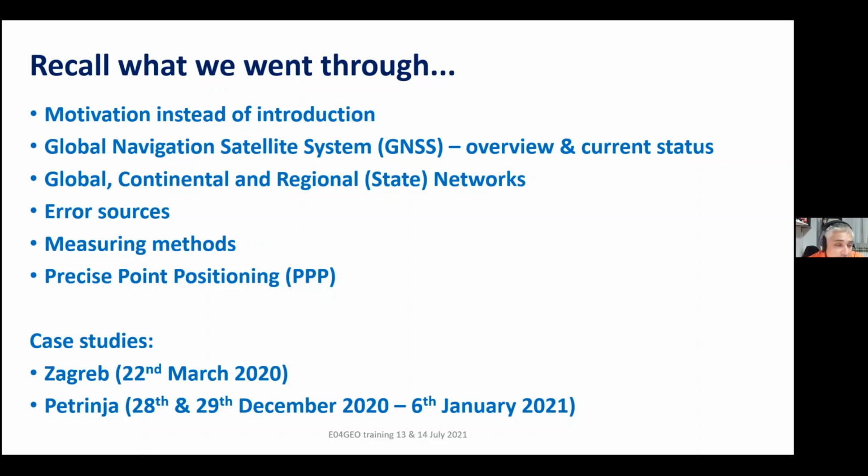What is left? There are two case studies. The first one is related to kinematic assessment of the Zagreb earthquake, which took place on 22nd of March 2020. The second case study is related to the Petrinja earthquake that hit with a foreshock and after that an aftershock on 28th and 29th December 2020.